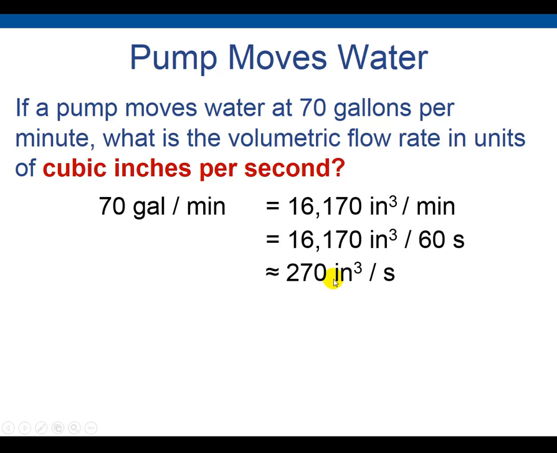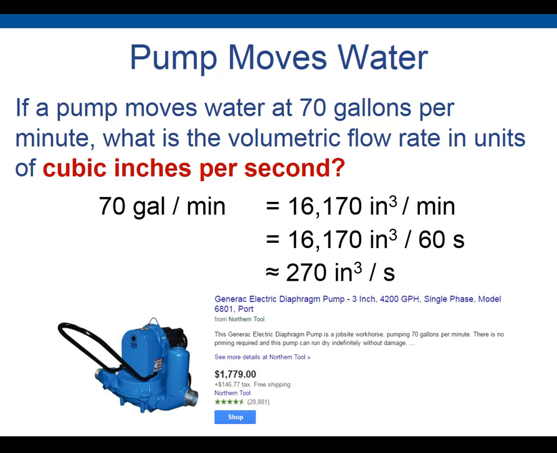It's 270 cubic inches per second. Well, actually, I found a pump through Google. It says this pump has a capacity of pumping 70 gallons per minute, and the price is higher than $1,700.